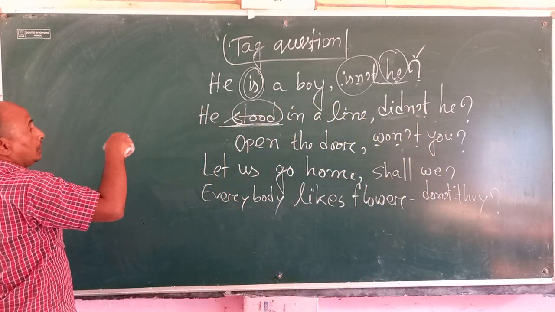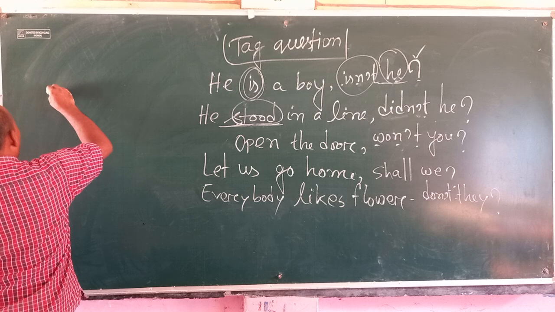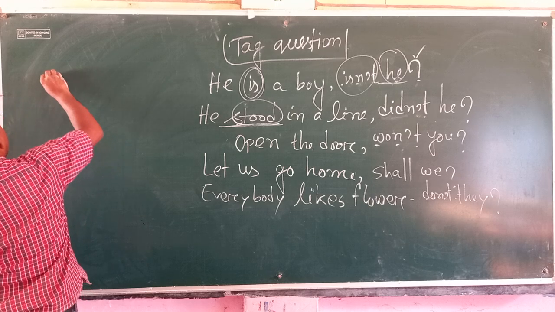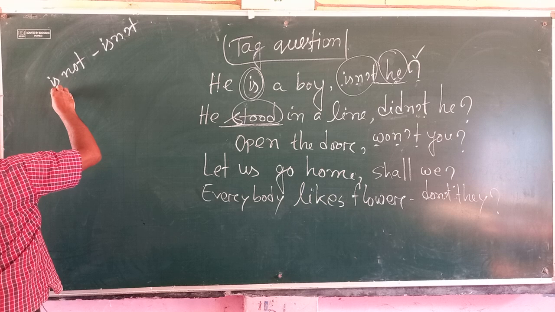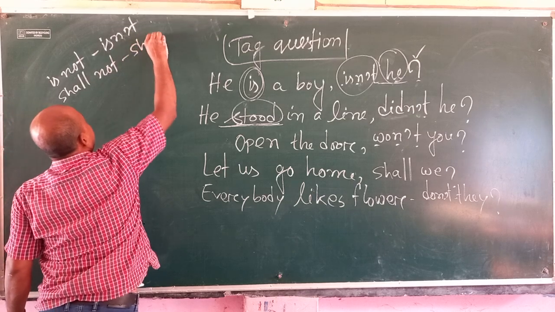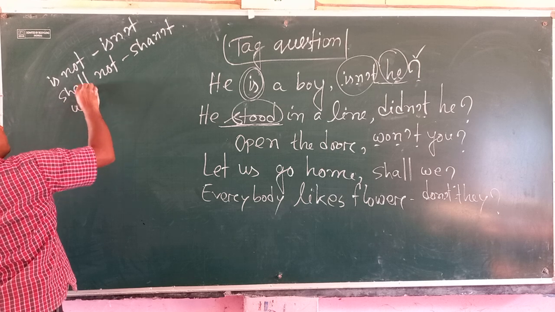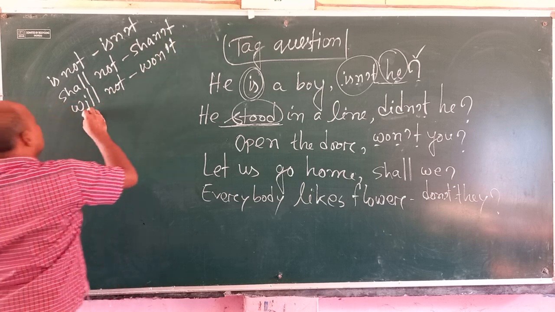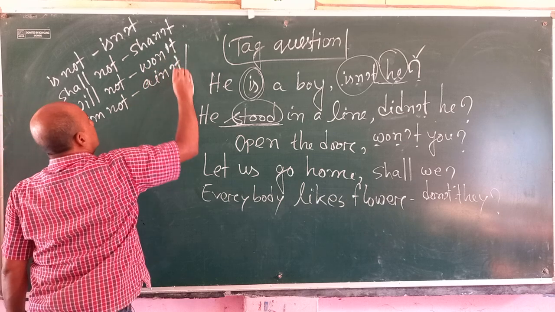When we use an apostrophe after the auxiliary verb, there are some exceptional rules, such as is not, isn't, but shall not, shan't, am not, will not, won't, am not, ain't or aren't.